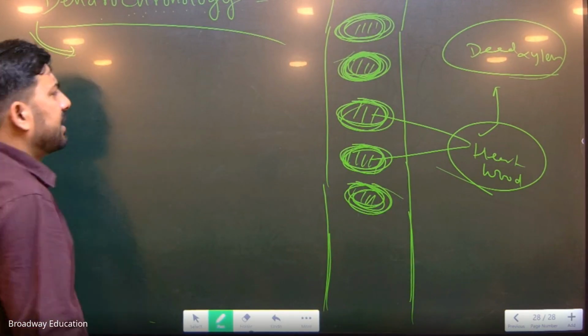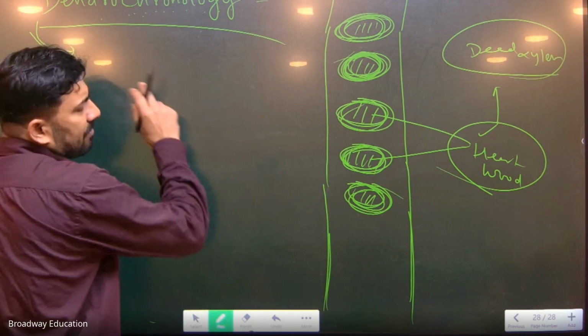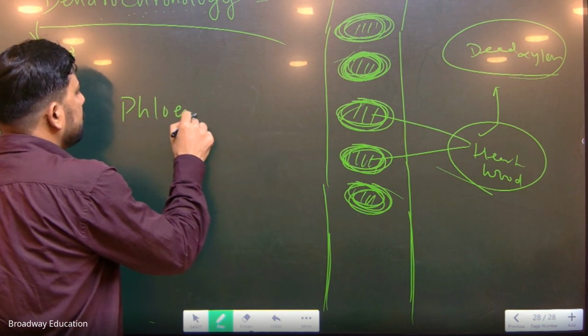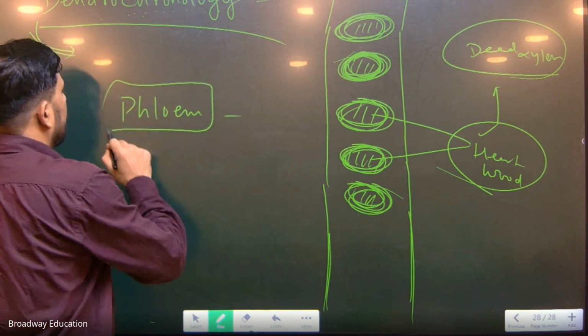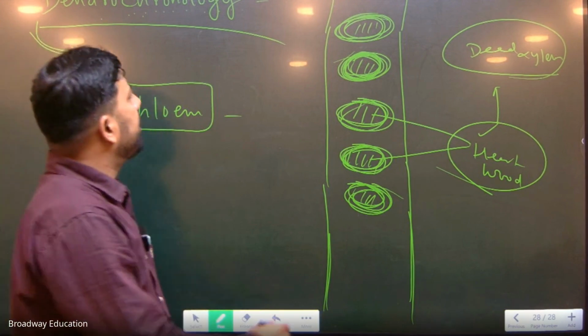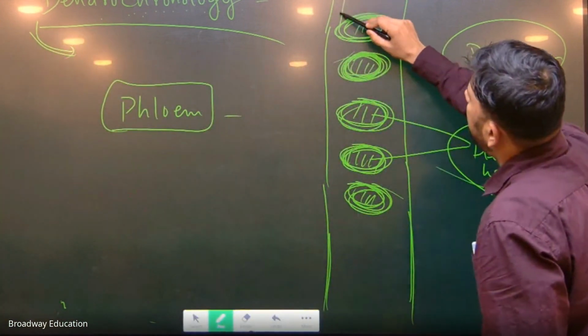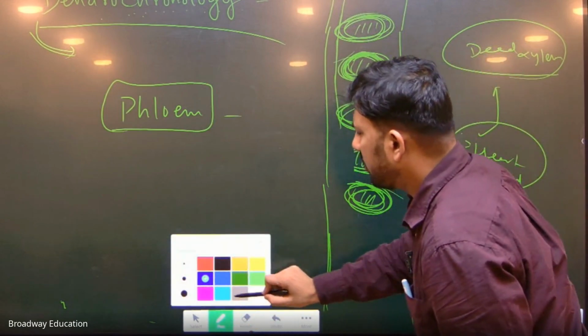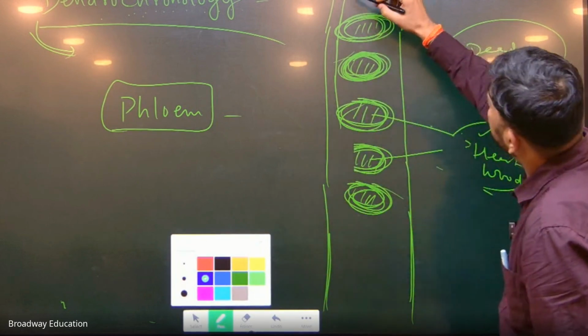Now, after this, the second point: is xylem there? No. Then write phloem. Under the phloem, friends, this part, no. See here, all of you, please see here.